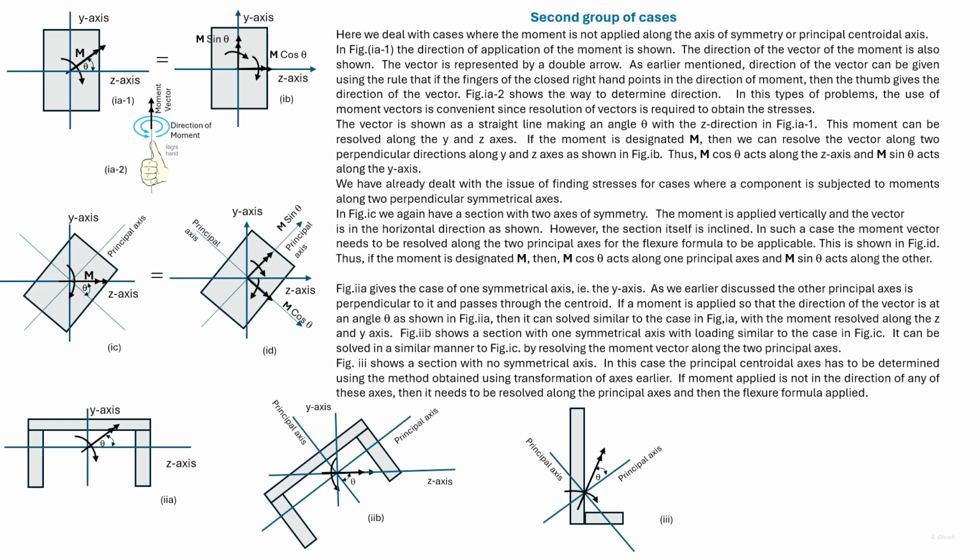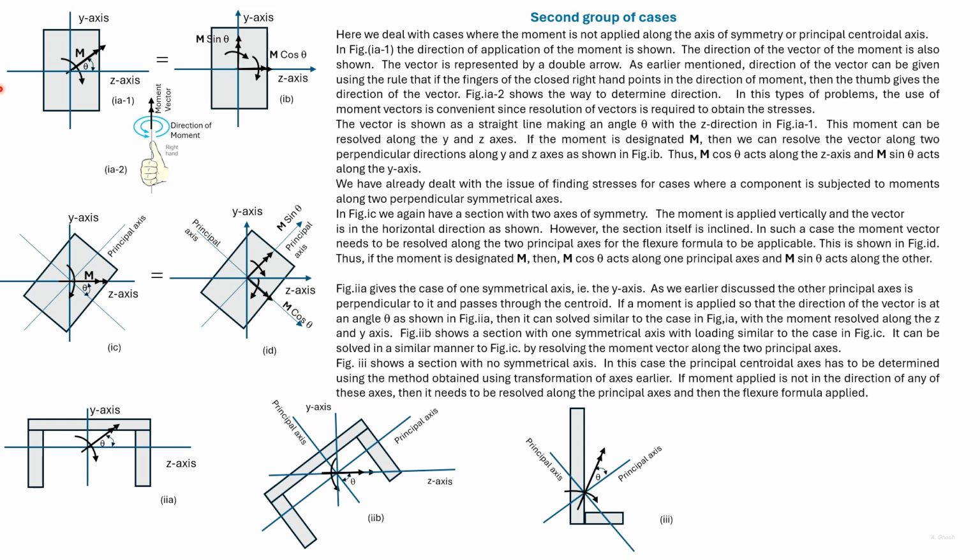Here we discuss the second group of cases. The moment in this group of cases is not applied along the principal centroidal axis as in the last group. We deal with three types of sections as earlier mentioned.